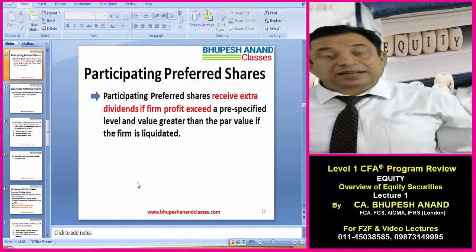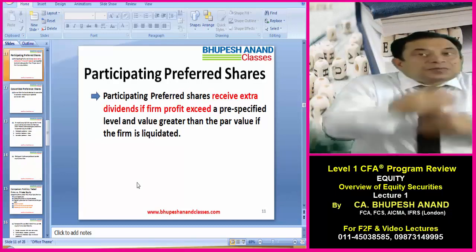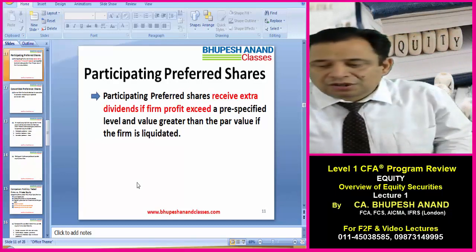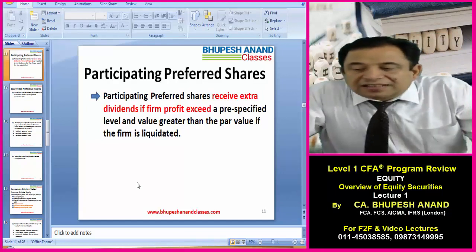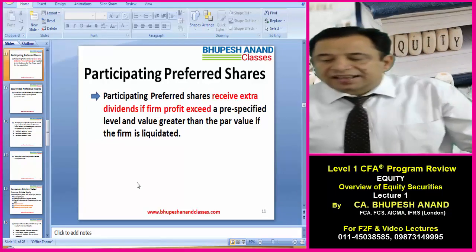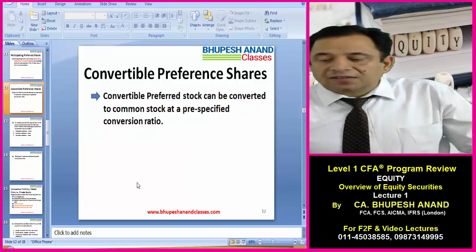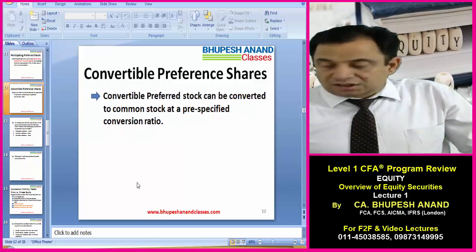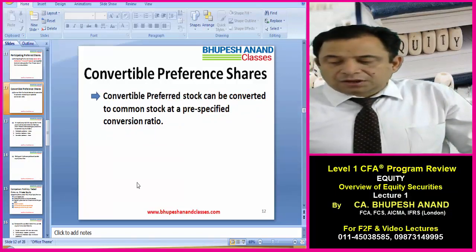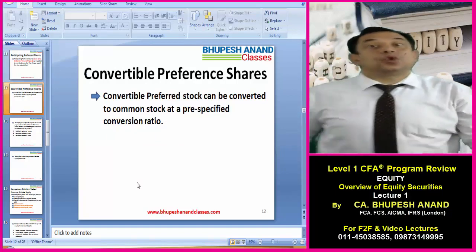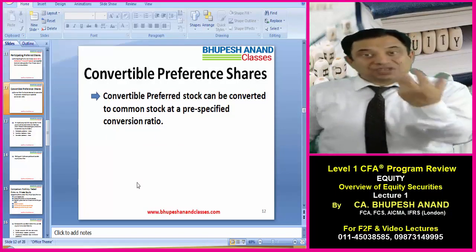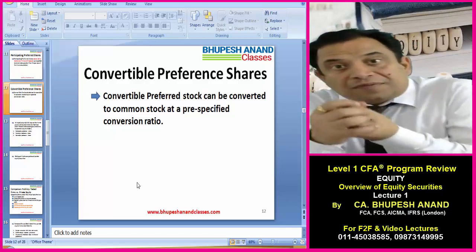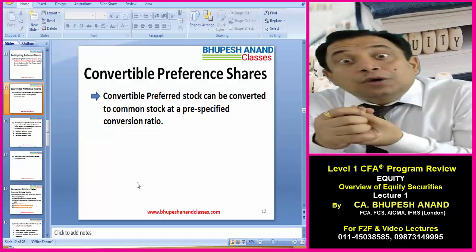That is named cumulative. Participating preferred shares receive extra dividend, participating in the extra profits, and also if the firm is liquidated. Convertible preferred stock can be converted into equity shares at a conversion ratio, a swap ratio, or an exchange ratio.